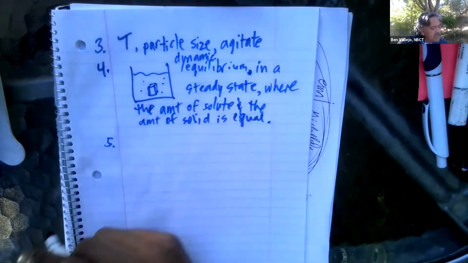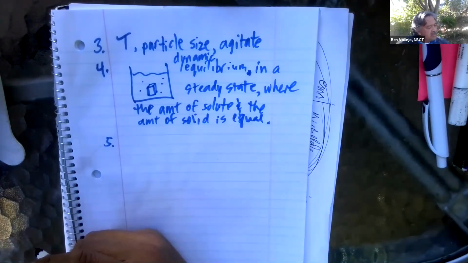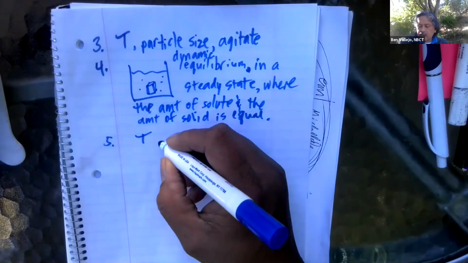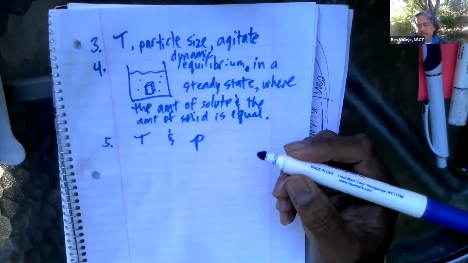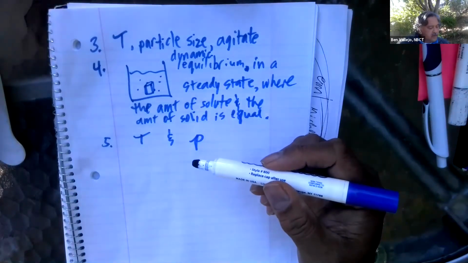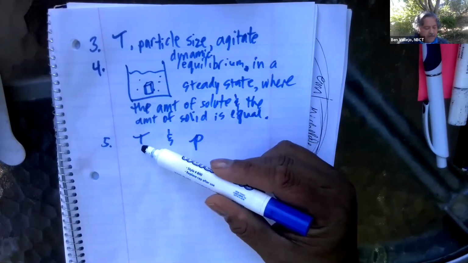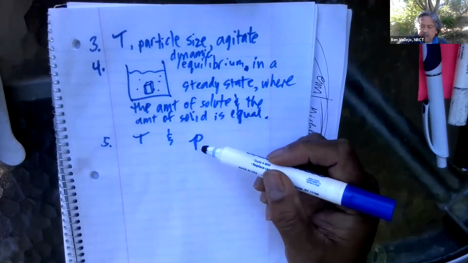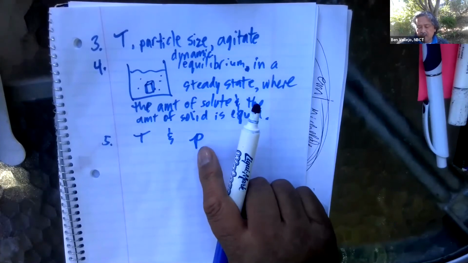All right, number 5, what condition determines the solubilities of solid, liquid, and gaseous solutes in a solvent? Well, the answer is temperature and pressure. So write down temperature and pressure. But temperature, if the solute is a solid or a liquid, then that makes sense. But if it's a gas, that's when pressure comes in.